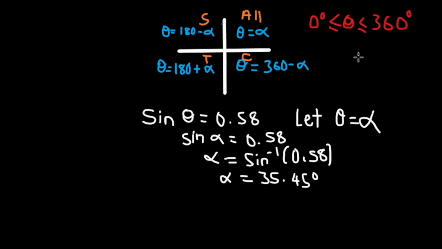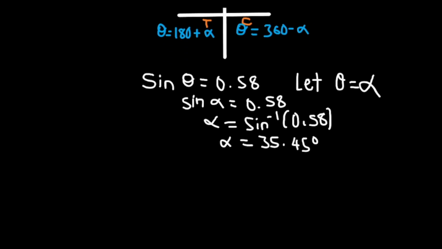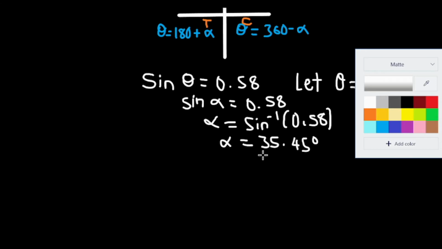So now we have to look at the quadrant where sine is positive. Sine is positive here. So where sine is positive, we have to subtract our value of alpha from 180 to find our values of theta. Because we already have one value of theta, now we have to find our other value of theta.